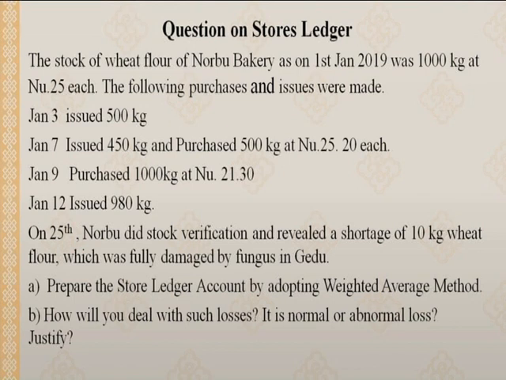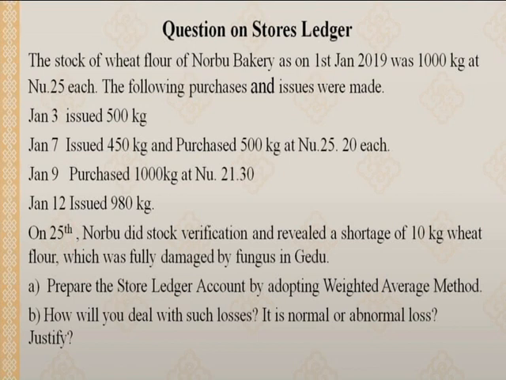The price will be increased using a certain formula: amount divided by whatever units are available. I'll show you when we look at the practical problem, when I solve this question, how it is done. Anyway, we have to know the treatment. Regarding the treatment, the price is inflated. So that is with regard to the normal loss.